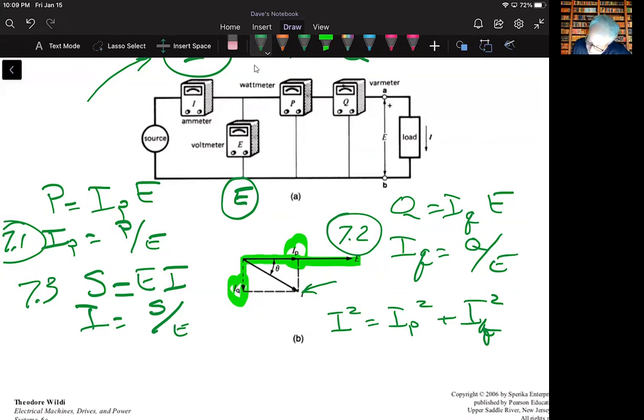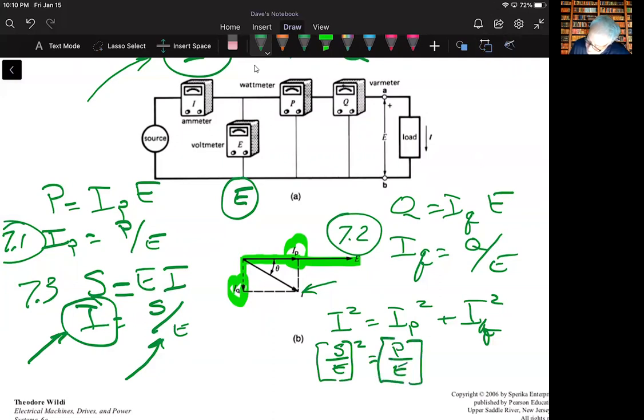Now, we defined I here as S divided by E. So why don't I do this? I'm going to take S over E, since that equals I from here, and put that in its place. I'm going to do the same thing over here: I sub P is power over E, or P over E squared.